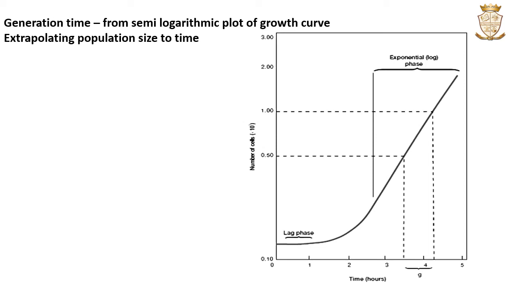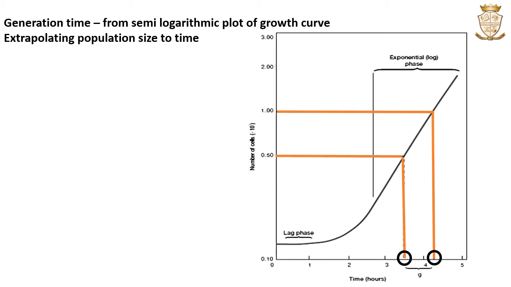If we have plotted a growth curve with time on the x-axis and number of cells on the y-axis, then by extrapolating the number of cells from the y-axis to the x-axis, we get 2 points, and the difference between these 2 points gives the generation time.